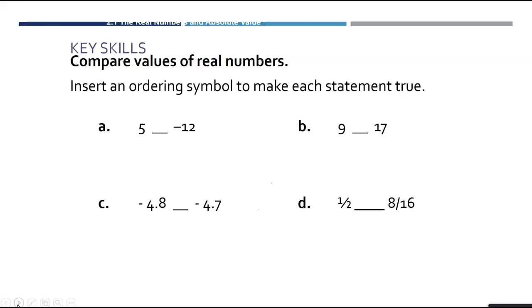So that's where you insert your little alligator Pac-Man symbol, whatever you want to call it. And we say that it is greater than -12. Letter B. Is 9 less than, greater than, or equal to 17? Nevaeh. Perfect.